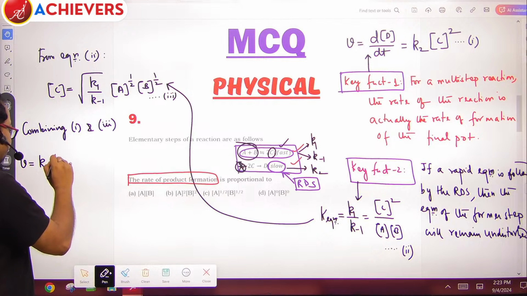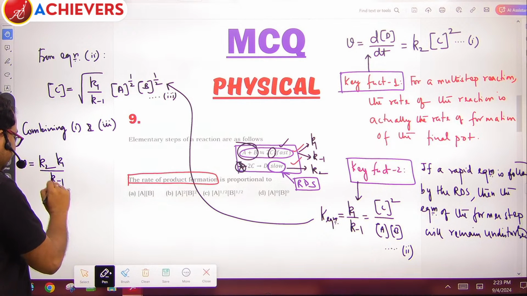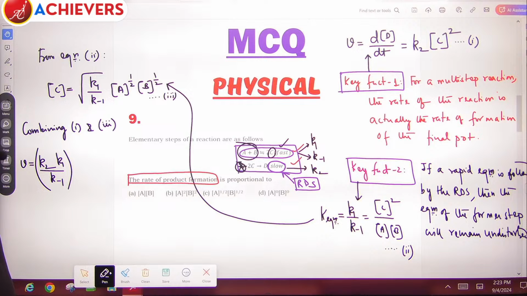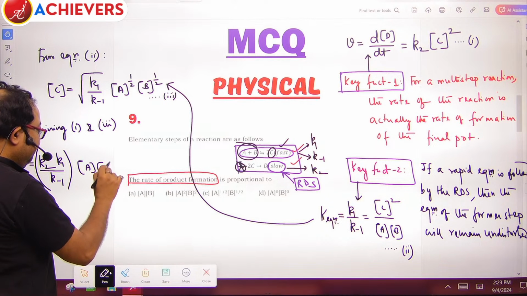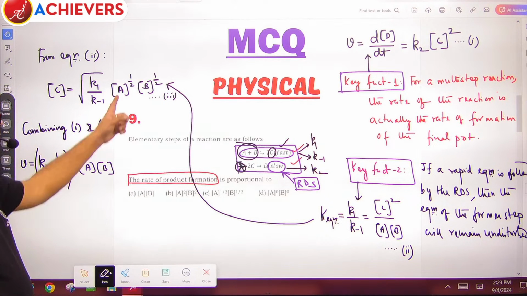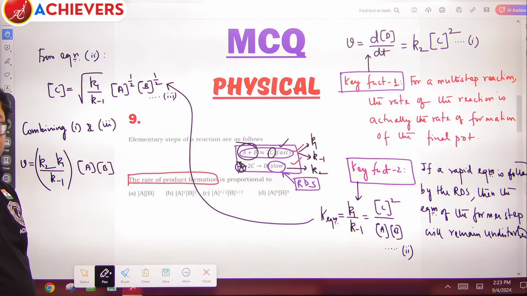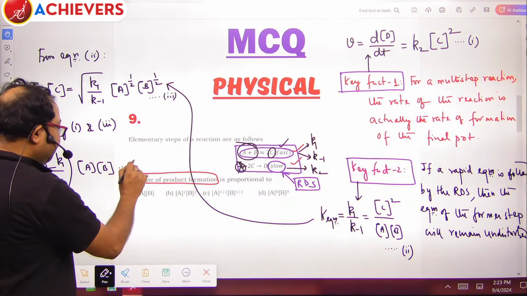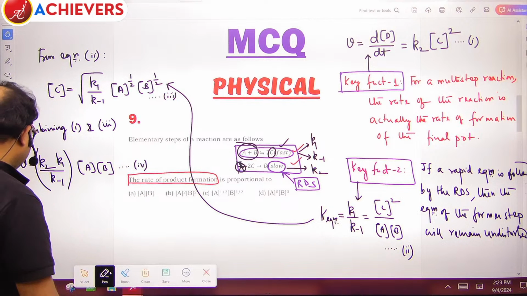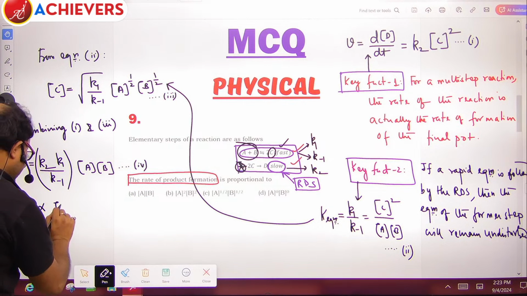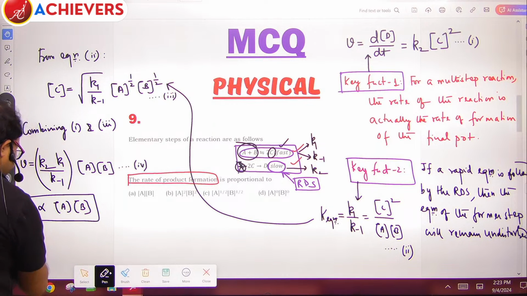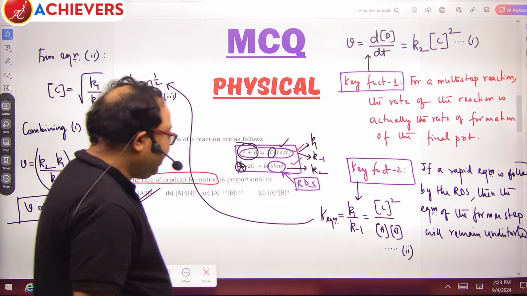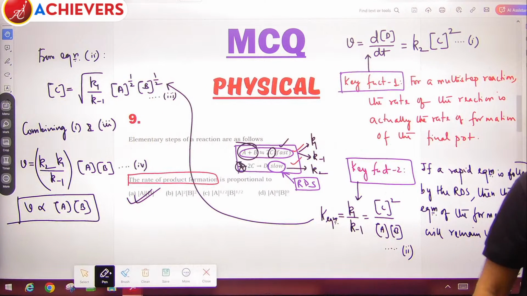So K2 multiplied by K1 divided by K inverse 1, multiplied by concentration of A multiplied by concentration of B. The power half will be cancelled. So this becomes my final expression. V is obviously proportional to concentration of A multiplied by concentration of B. So A is the correct answer.